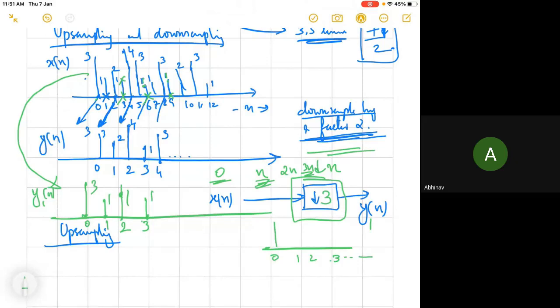So if you represent the N downsampled signal as yn, where capital N is your downsampling factor, then you get the downsampled version. Now let us see what is upsampling.